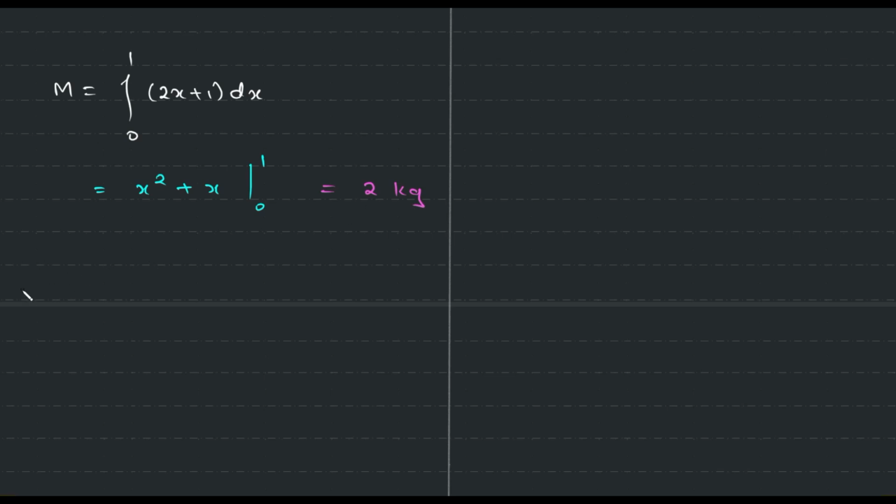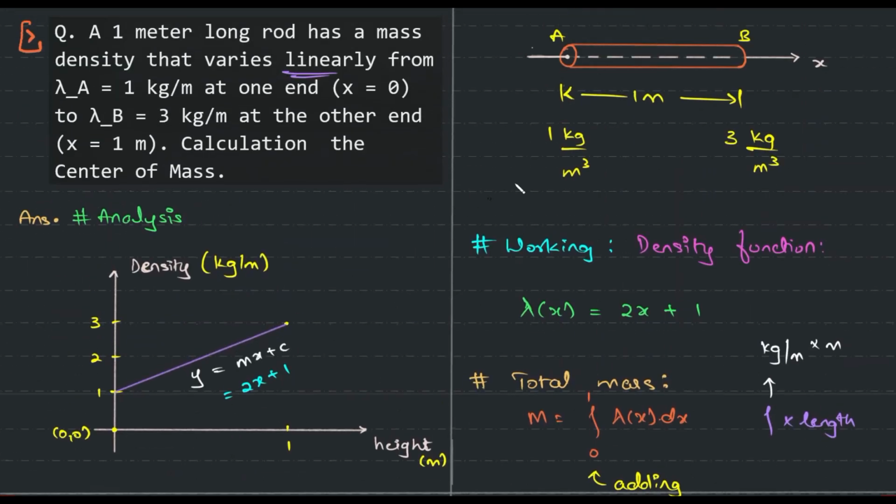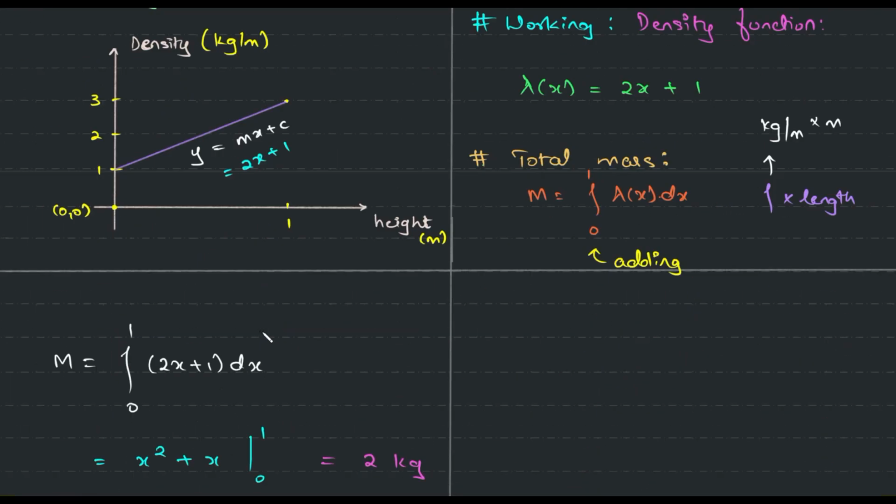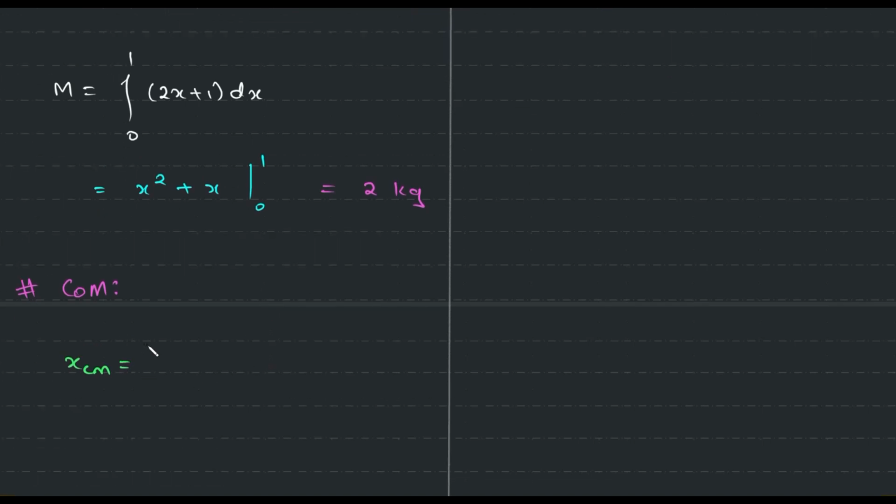Okay guys, so that is your mass. Then we can figure out the center of mass. Center of mass along the y-axis, we are considering this structure, so along the y-axis it's 0, right? Only thing that we have to figure out is the x-axis.